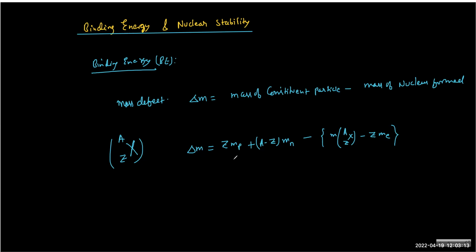Every nucleus with mass number A and atomic number Z will have the mass Z mp plus (A minus Z) mn, and if I subtract the nuclear mass from this, we get the answer.